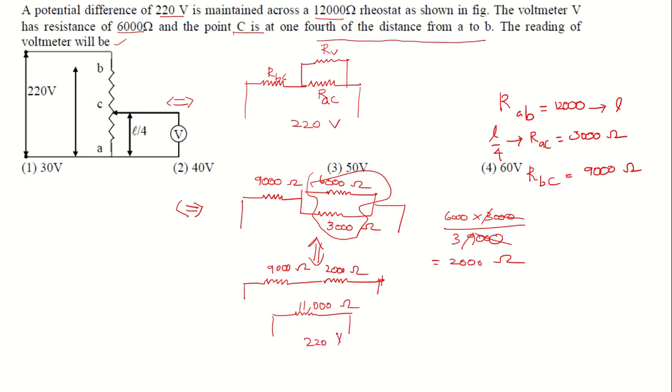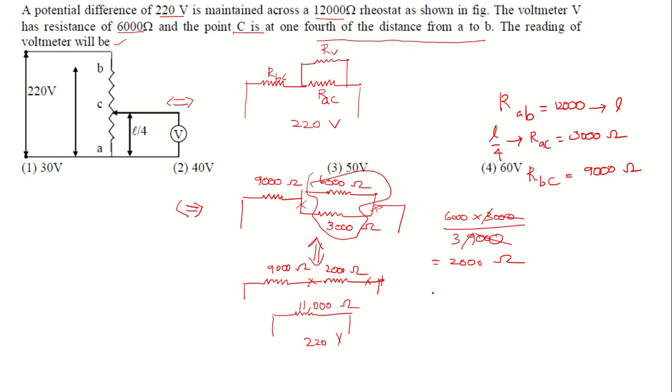But our aim is the reading of the voltmeter, which is in parallel combination with 3,000 ohm. So what is the potential difference across 2,000? That is our question.